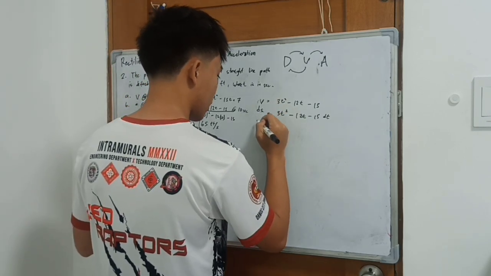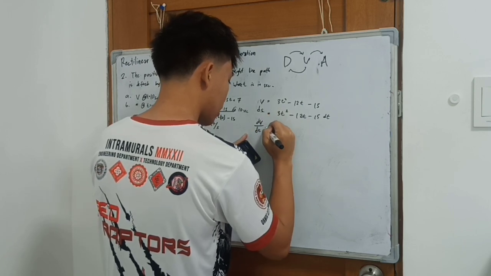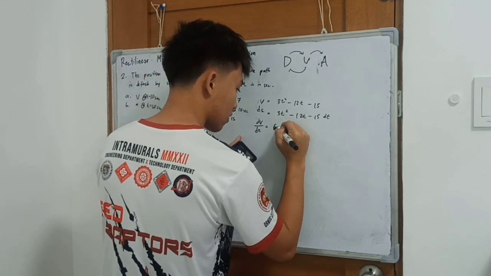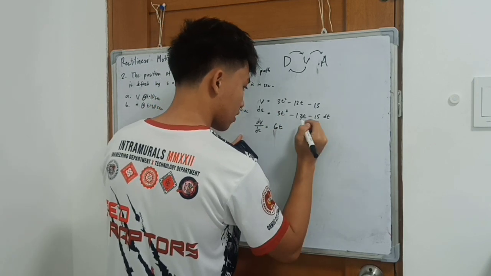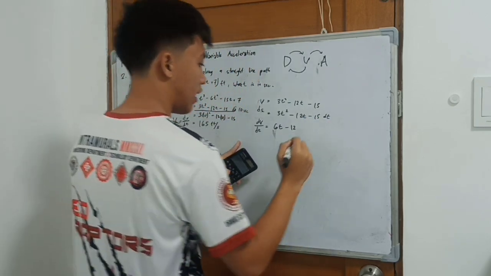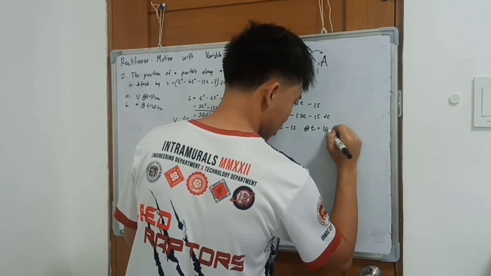So dv over dt is equal to 6t minus 12, at t equal to 10 seconds.